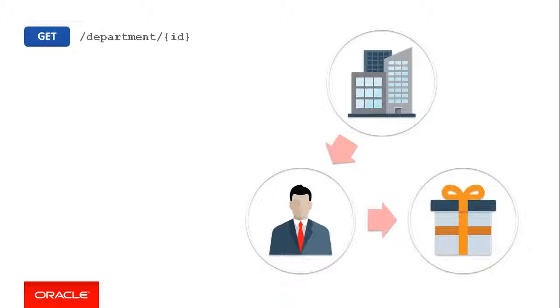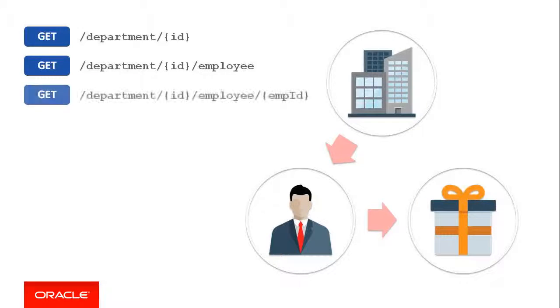If we indicate that employees is a child resource of departments, then Express API will automatically create a URI allowing us to find all employees in a specific department. And if you want to find the details on a specific employee, well, since an employee only exists as a child of a department, then the URI that Express API gives us is get department based on ID, and then get the specific employee as indicated by the employee ID.